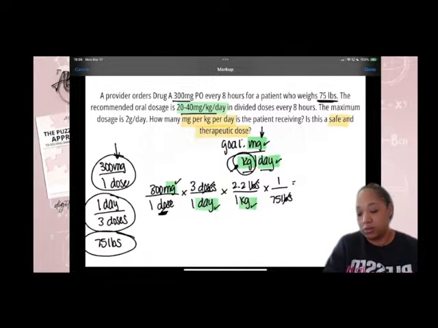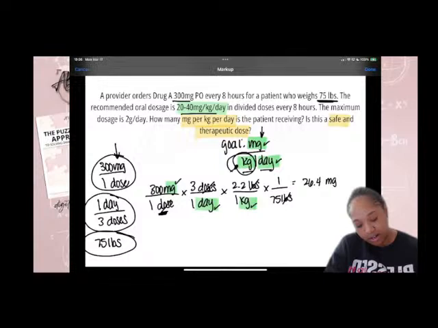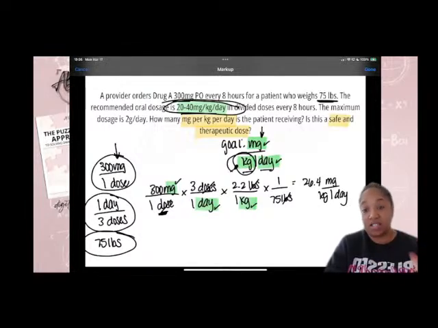So we'll do 300 times 3 times 2.2 divided by 75, which is going to be 26.4 milligrams per kilogram per day. All right. So this right here tells me that the safe zone is 20 to 40 milligrams per kilogram per day.